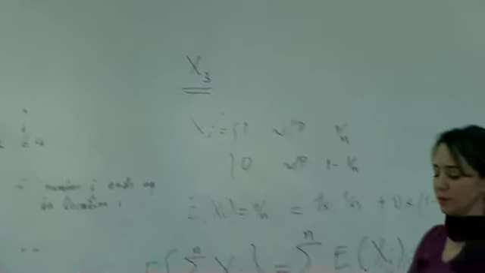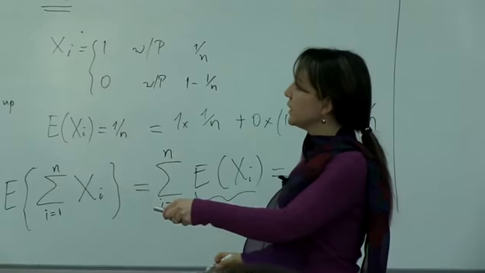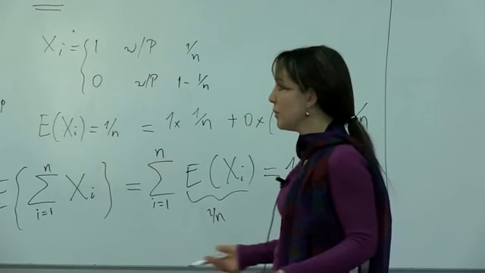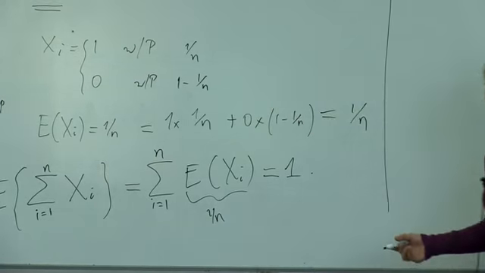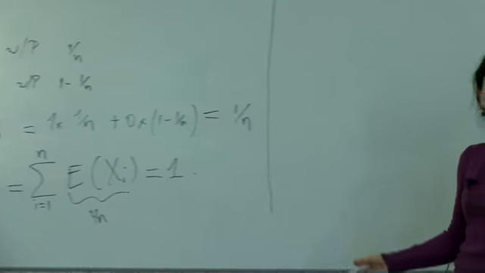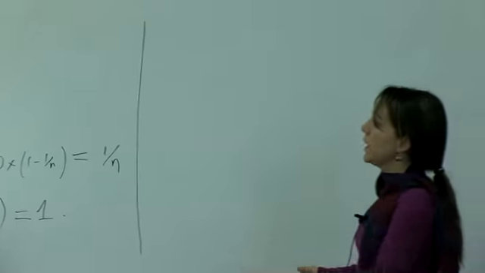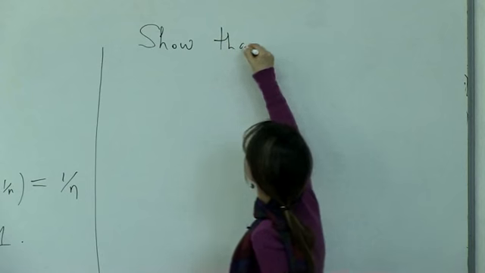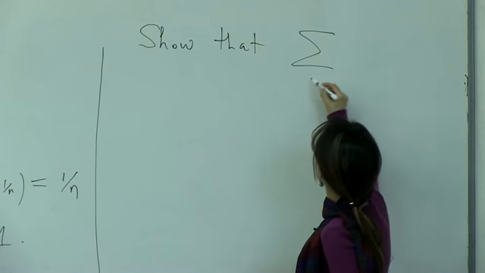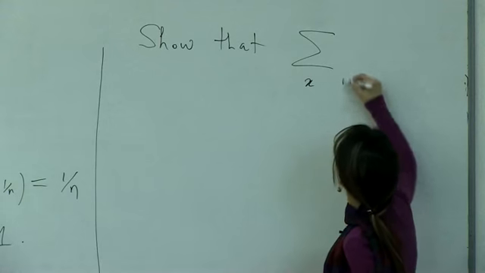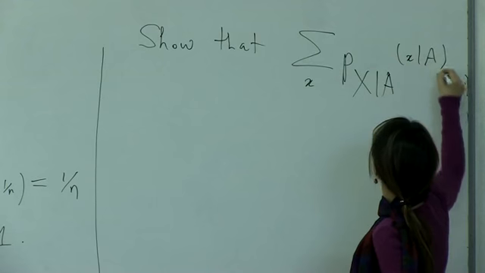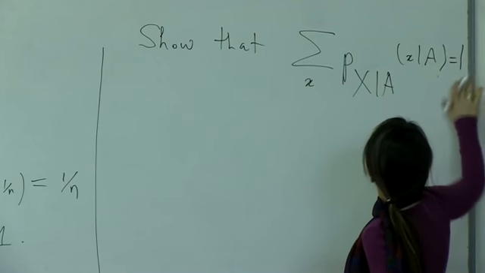First of all, we need to believe that P_{X|A} is a legitimate PMF. What do I mean by a legitimate PMF? It has to sum to 1. Let's show that the summation over all values of x of P_{X|A}(x|A) is equal to 1.